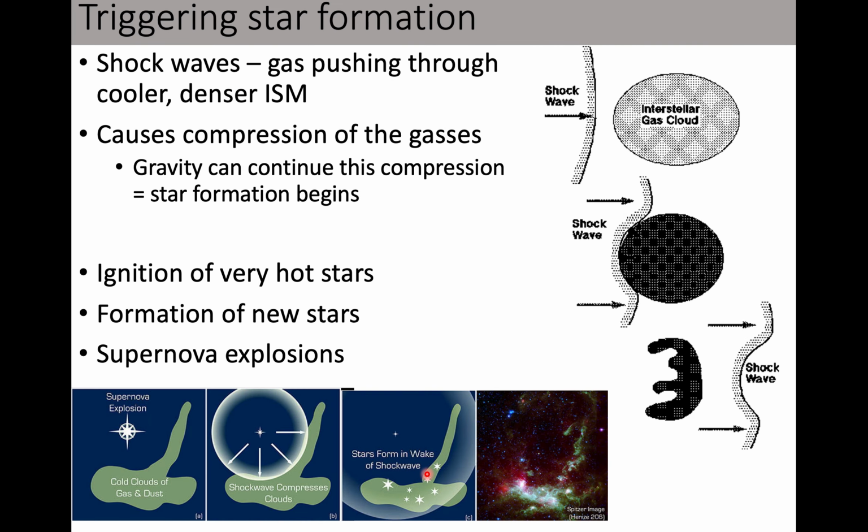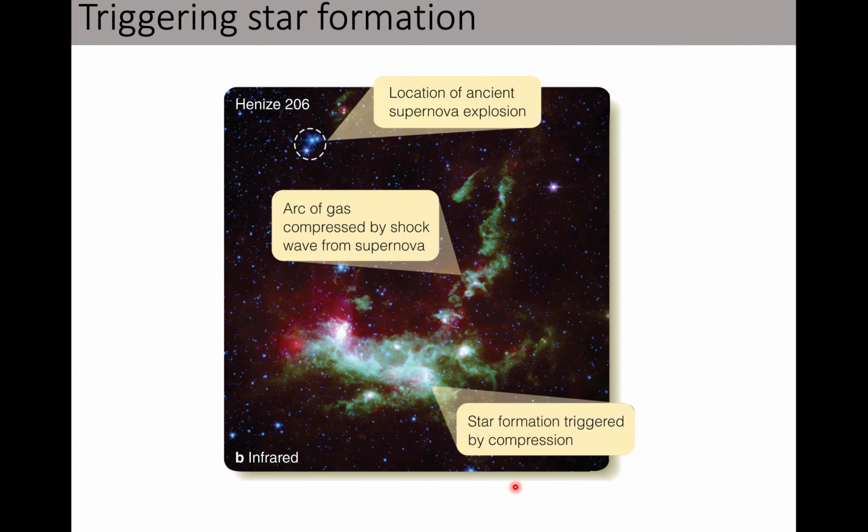So for example, here's a zoomed in picture of this nebula. It was a previous supernova explosion, and the shock waves blew outwards towards this large area of ISM and triggered a lot of star formation by compressing this really dense region of ISM.